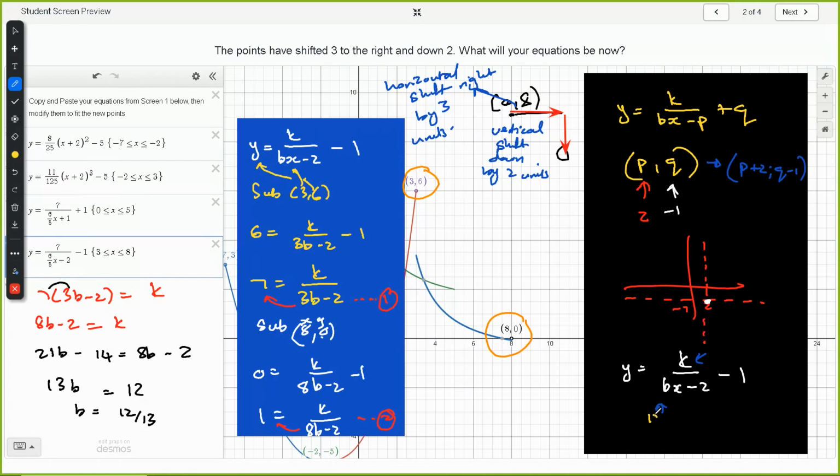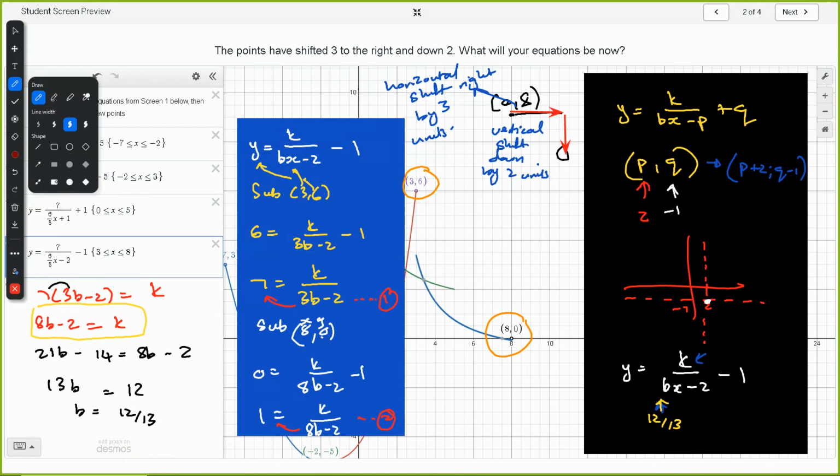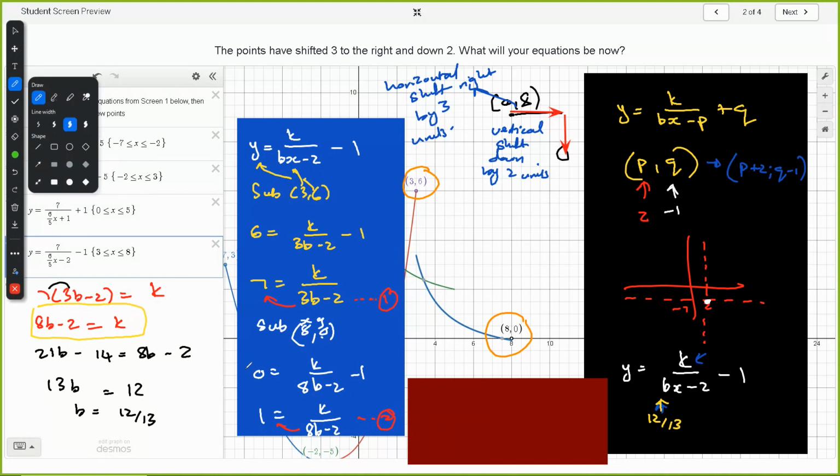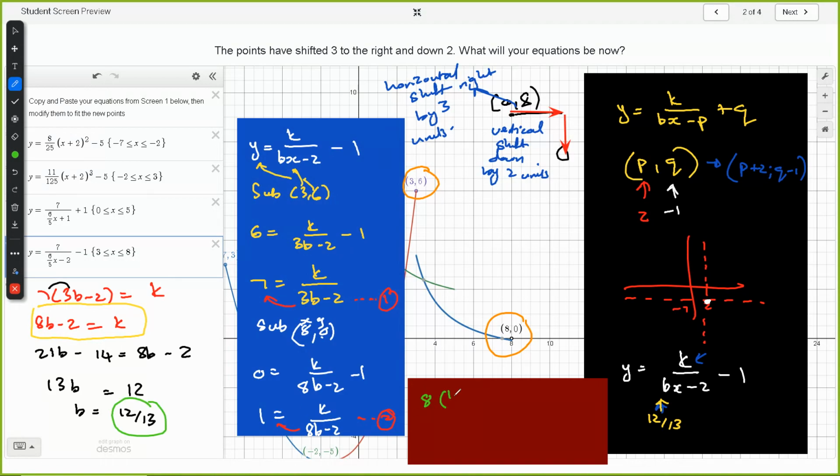So that's going to be 12 over 13, which will go into b. And now to find k, I just have to use one of these equations. My ability to use simultaneous equations, or solve simultaneous equations, is very important. And I then substituted in this. I got 8 multiplied by my b value, which is 12 over 13.